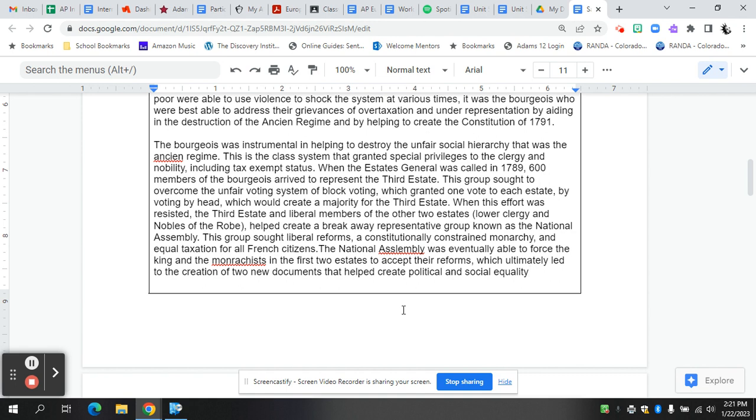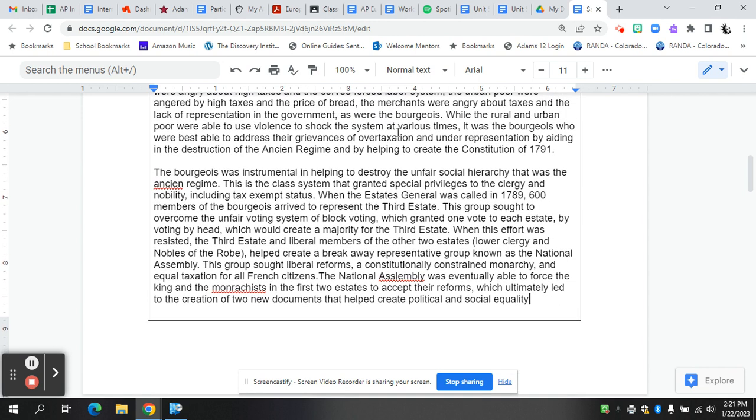I want to go back to that because that's what I'm talking about up here. This is this grievance, this group that wanted more. It was the bourgeoisie, right, who wants to have more political representation, right, a lack of representation in the government, also this equal taxation piece. So let's go ahead and nail that right now, right? We're totally set up for this.